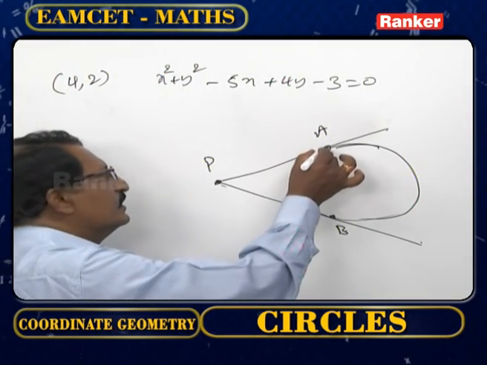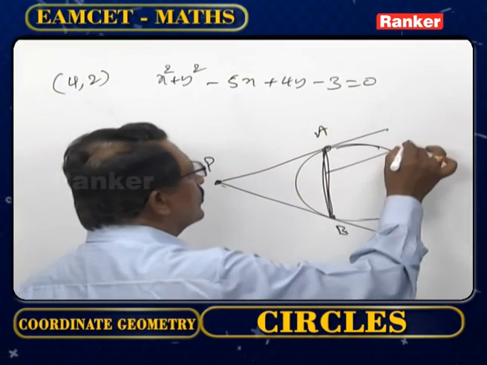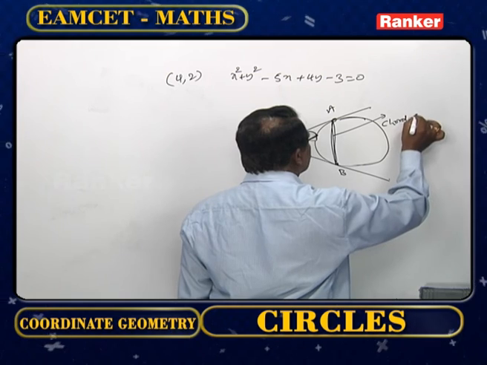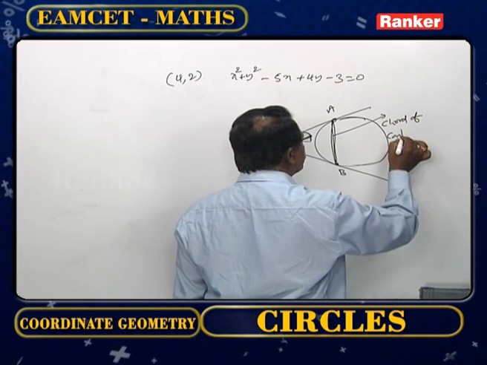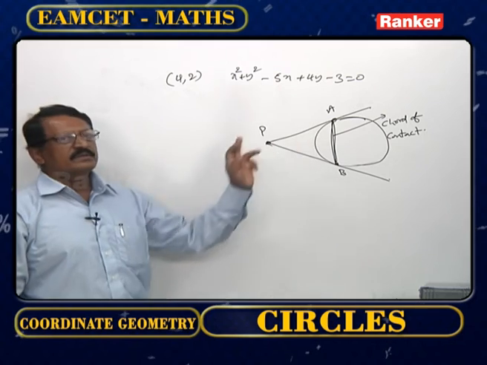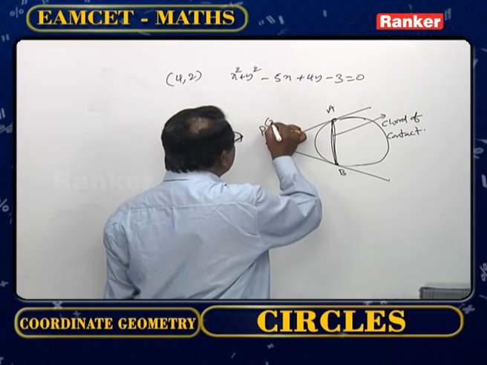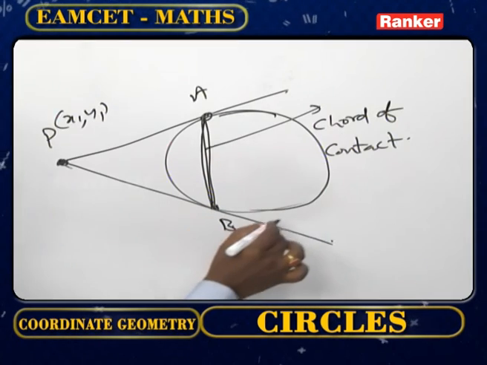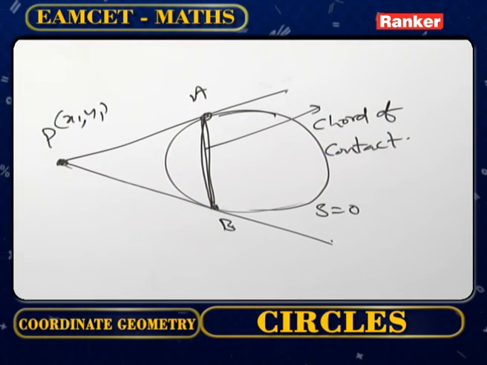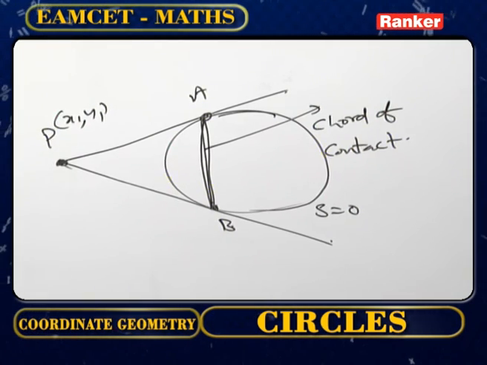Now the chord AB is called the chord of contact of the point P with respect to the circle. If the point is P(x1, y1) and the circle equation is S equals to 0, then the equation of the chord of contact is S1 equals to 0.